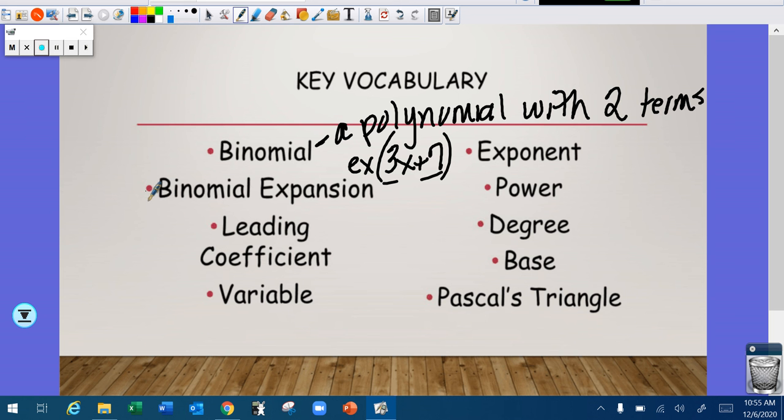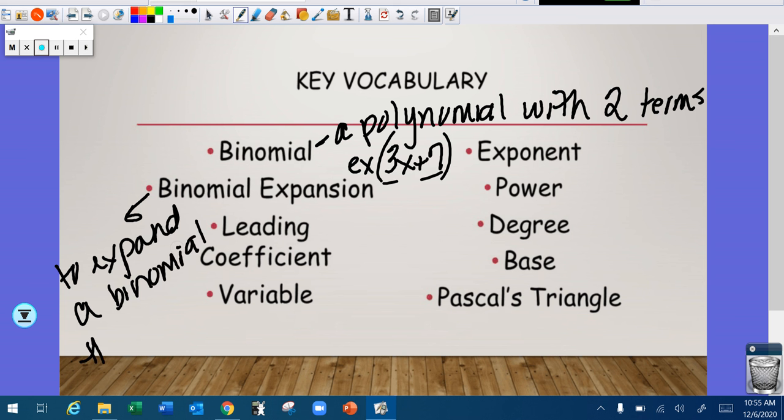Binomial expansion means to expand a binomial through multiplication.